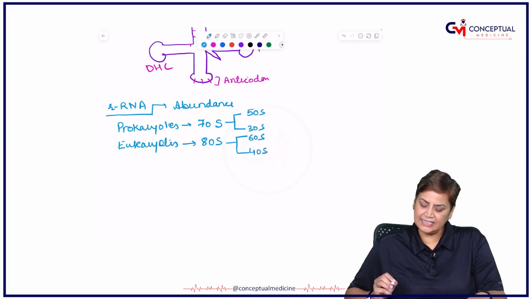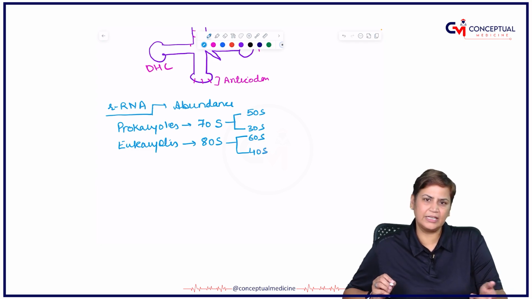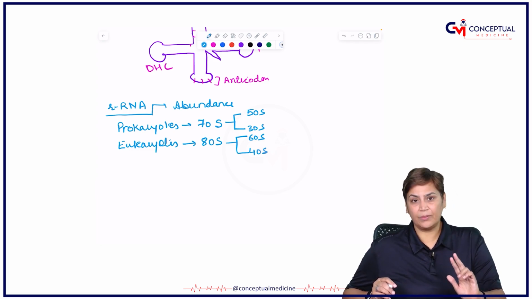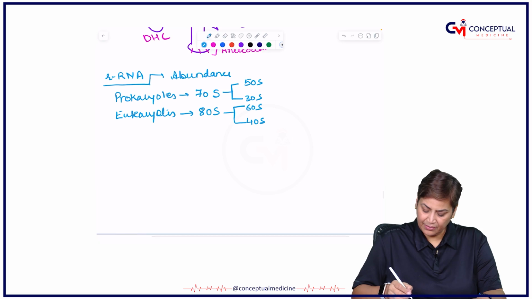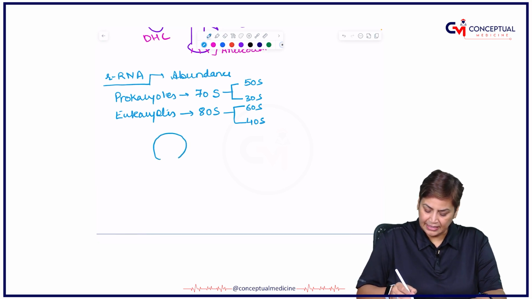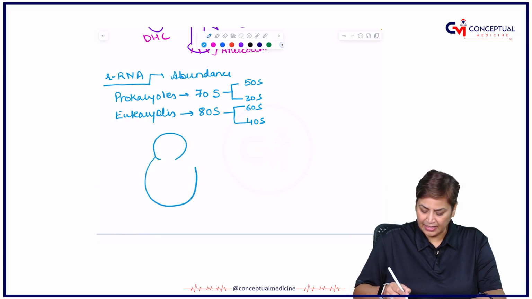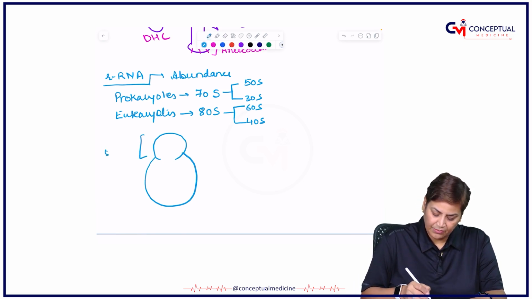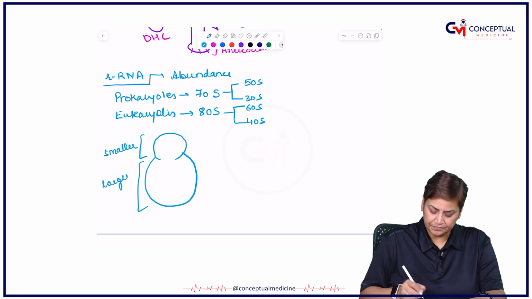And what is S? S is simply the Svedberg unit, or sedimentation coefficient. That means the ribosomes have two subunits, a smaller subunit and a larger subunit.